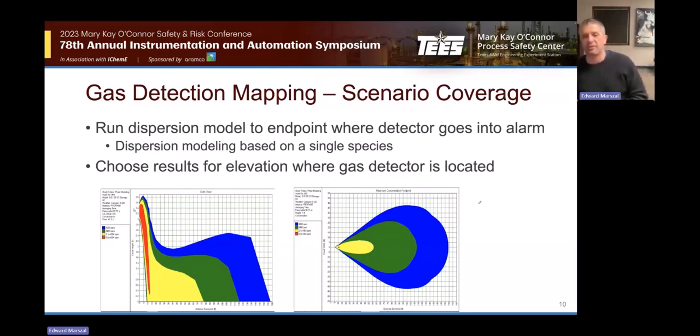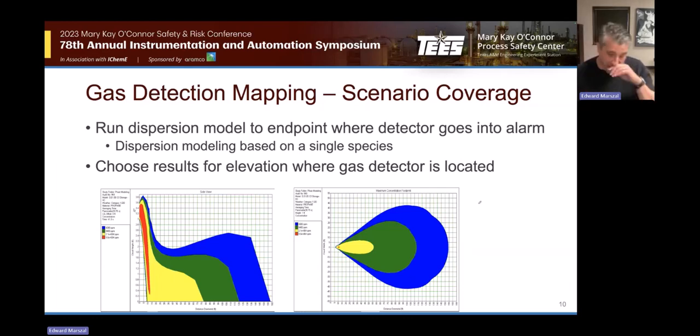So gas detection mapping is that process that you use to determine how many gas detectors do I need, where do they need to be located. And if you want more information on gas detection, go to the Kenexis website. There is at least 2, maybe 3 webinars that we've done on various topics related to gas detection mapping.